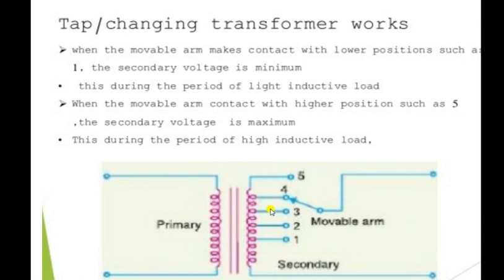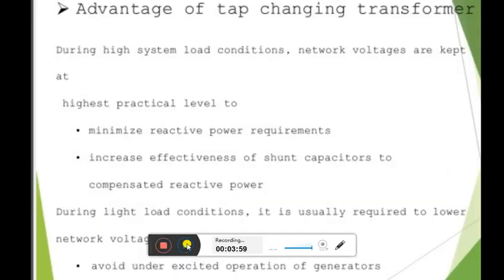We can also have a tap changing transformer where both on the secondary as well as the primary side we have the facility of tap changing, and such transformers will be used at both ends of transmission. Now let us see the advantages of this tap changing transformer. Whenever there is a high load condition, we normally face the problem of reduction or drop in the voltage.